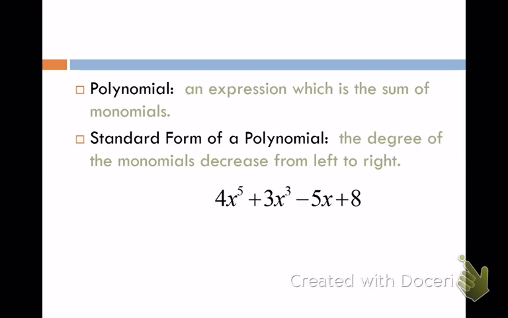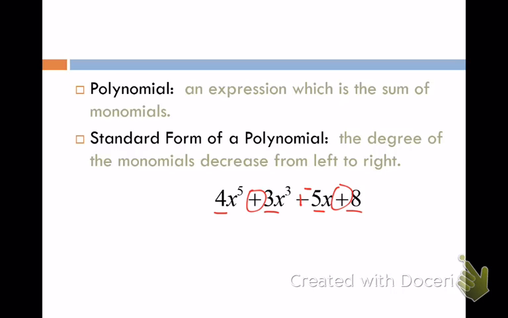So for example, this guy is a polynomial. It is the sum. Here's a monomial, here's a monomial, here's a monomial, and here's a monomial. And it's the sum of all these monomials. And yes, even this minus 5x is the sum of a monomial if you consider changing this minus to a plus, which means you also have to change the sign of whatever monomial is behind it.